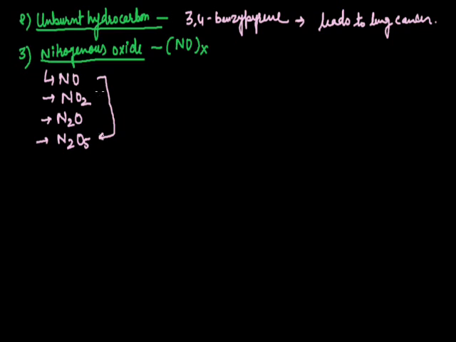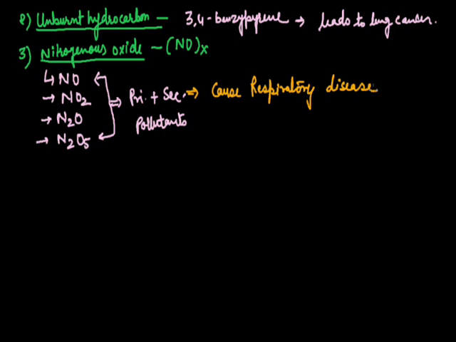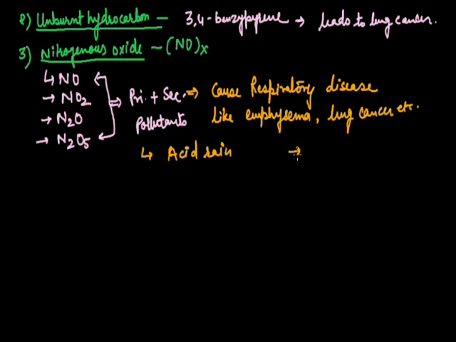They act as primary as well as secondary pollutants. As primary pollutants, they can cause various kinds of respiratory disease like emphysema, bronchitis, swelling of lungs, and lung cancer also. But as secondary pollutants, they are responsible for causing acid rain and photochemical smoke.